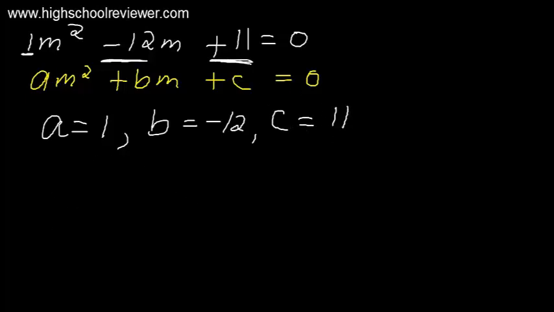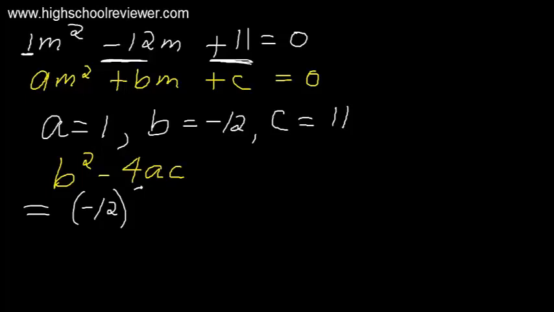And then we will now get the discriminant. Our discriminant is b squared minus 4ac. Substitute the values of a, b, and c. So our b is negative 12, and raise this to positive 2 minus 4 multiplied by a, which is 1, and c, which is 11.